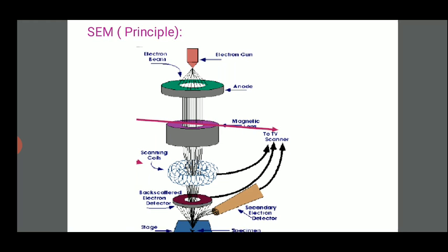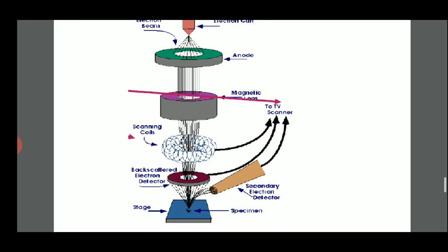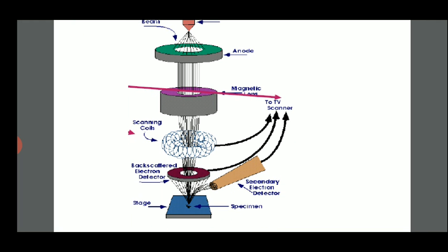At the top we can see the electron gun, the anode, and the magnetic lens, and then the scanning coils, the electron detector, then the stage where the sample or specimen is placed.